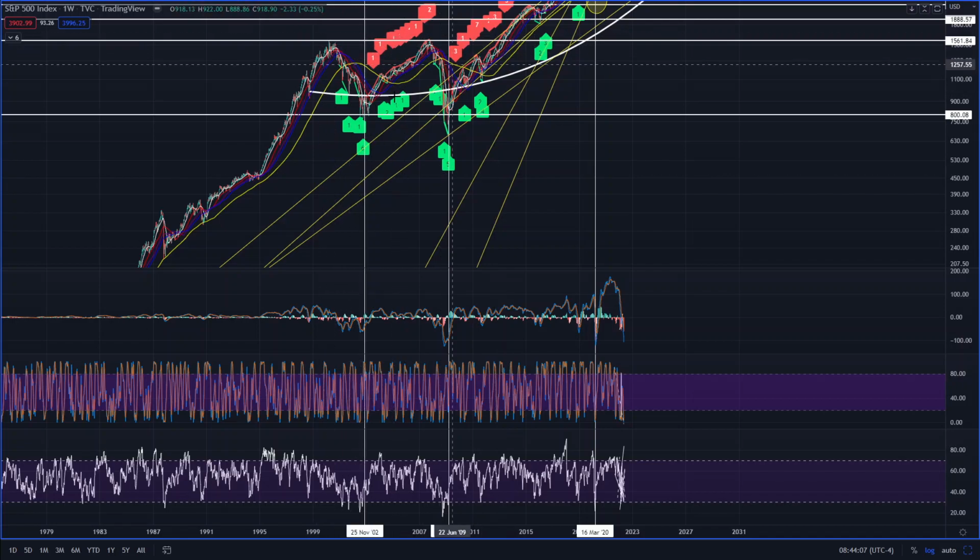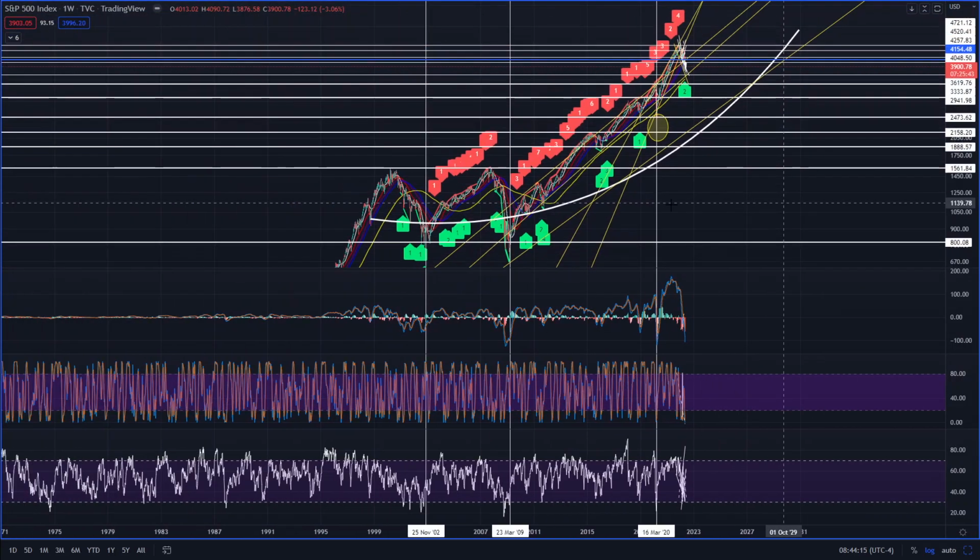This was a double top. Take that measured move, and it probably would have flipped down to either here or here. But instead, we got the Federal Reserve and the monetary policy, and then stimulus, etc. All this stuff over the course of the last 12 years is coming to a head now, right?